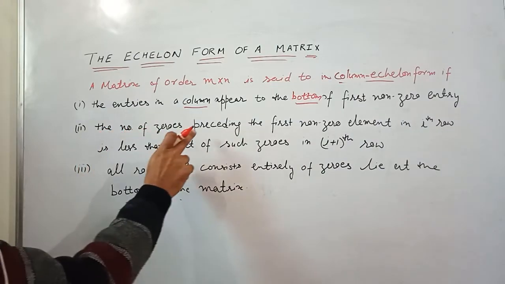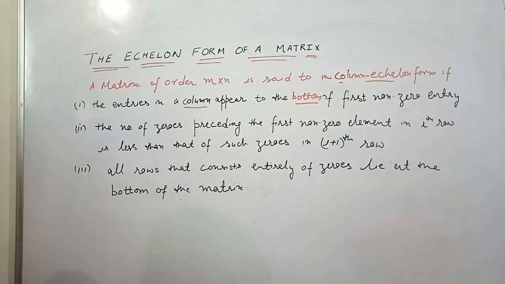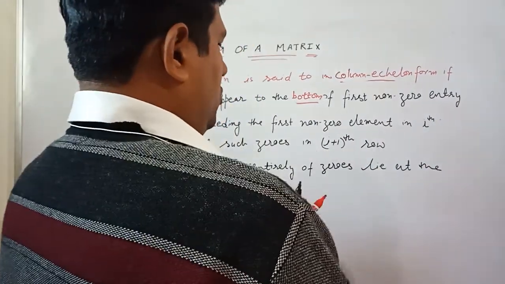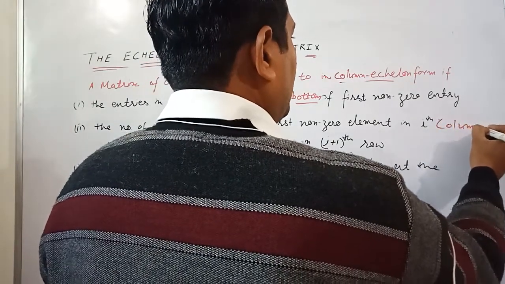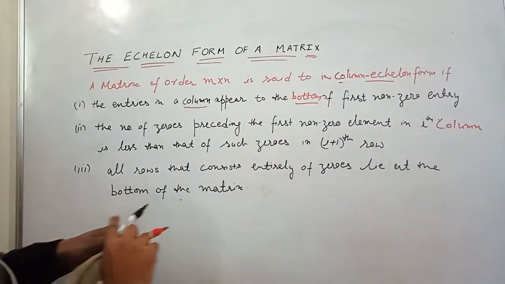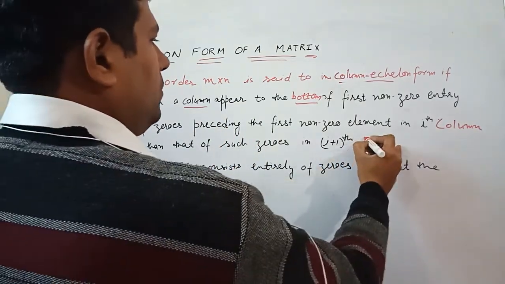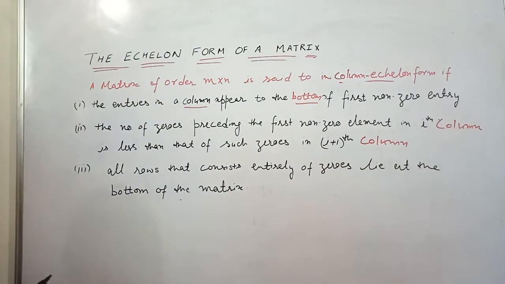The number of zeros preceding the first non-zero element in the ith row: in place of ith row, it should be ith column. Okay.